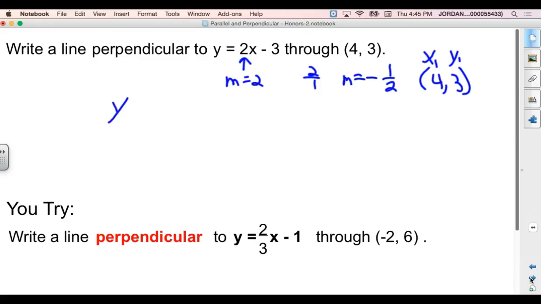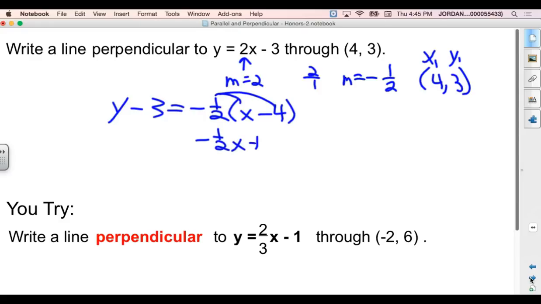So use the same formula: y minus y1, so y minus 3 equals m. M is now negative 1/2, right? We're not using 2 this time. We're using the opposite reciprocal, times x minus the x coordinate, which is 4. Distribute. Everything else is exactly the same as when it was parallel. Negative times negative is positive.